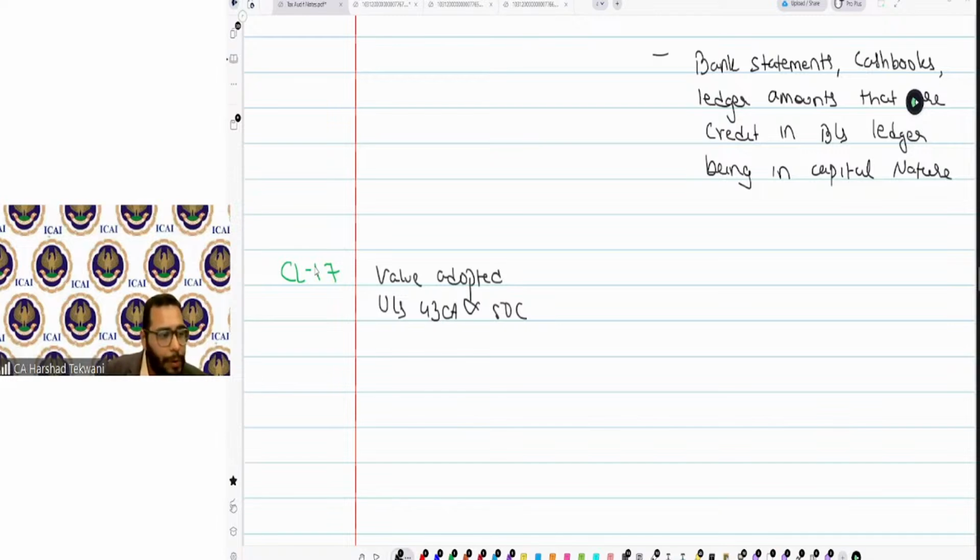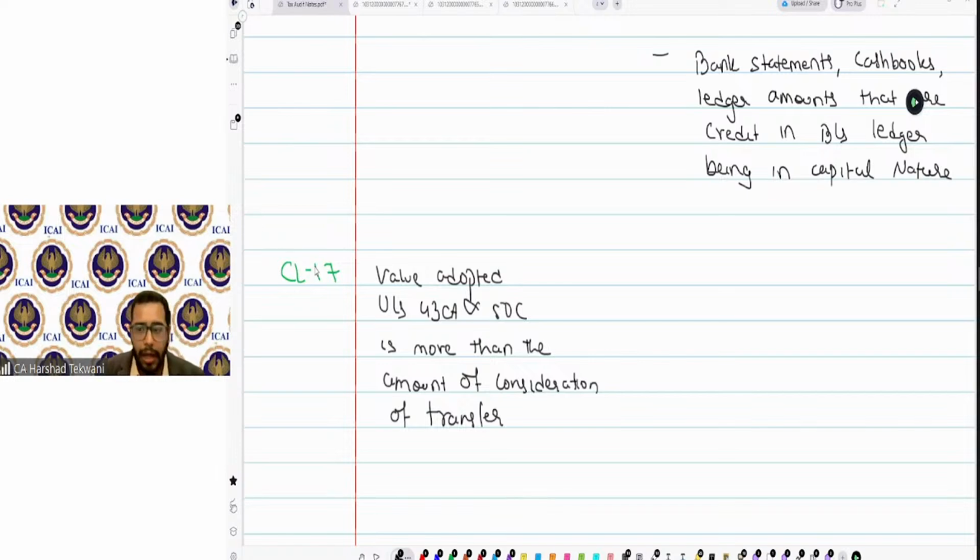So the value adopted is more than the amount of consideration of transfer. So the consideration is less and the value adopted is more.